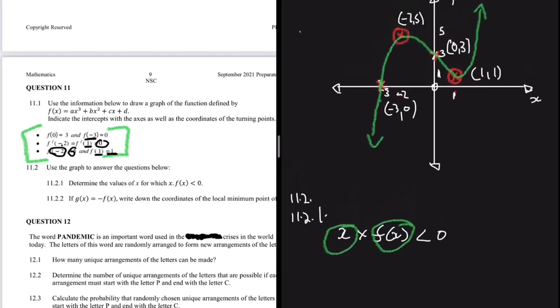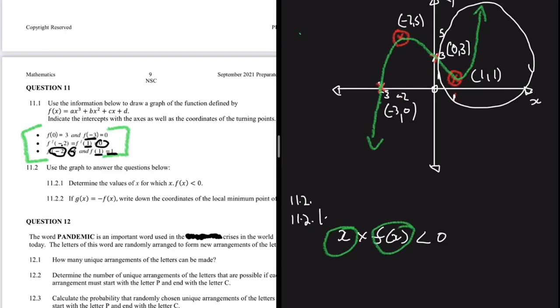In the positive x-axis, both x and y are positive, right? So there is no way that can be part of our solution, right? But then let's look at the negative axis. Here between -3 and 0, x is negative but y is positive, right? So the product of the two will be less than 0.